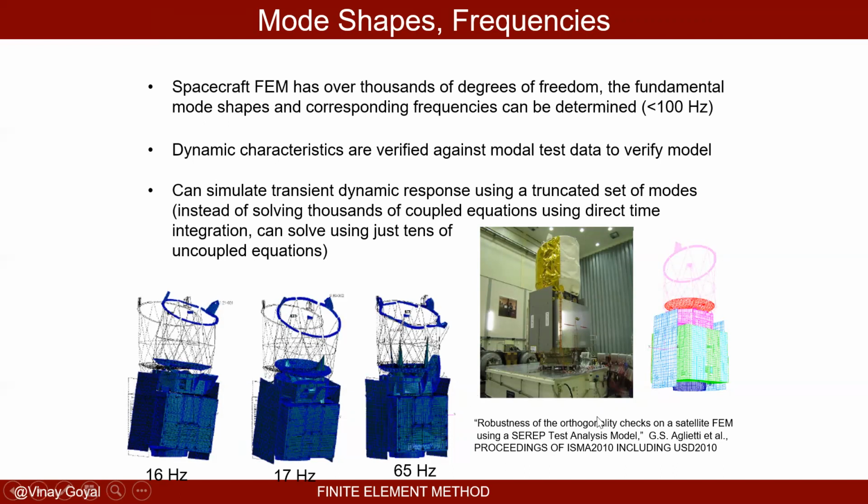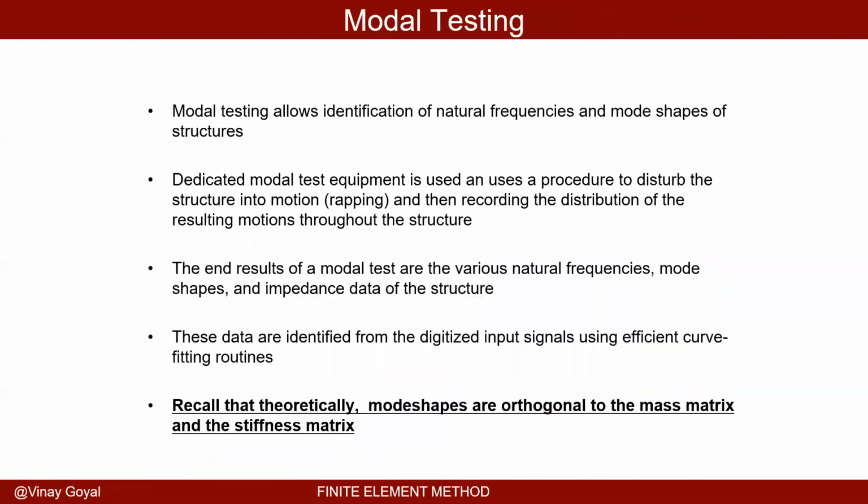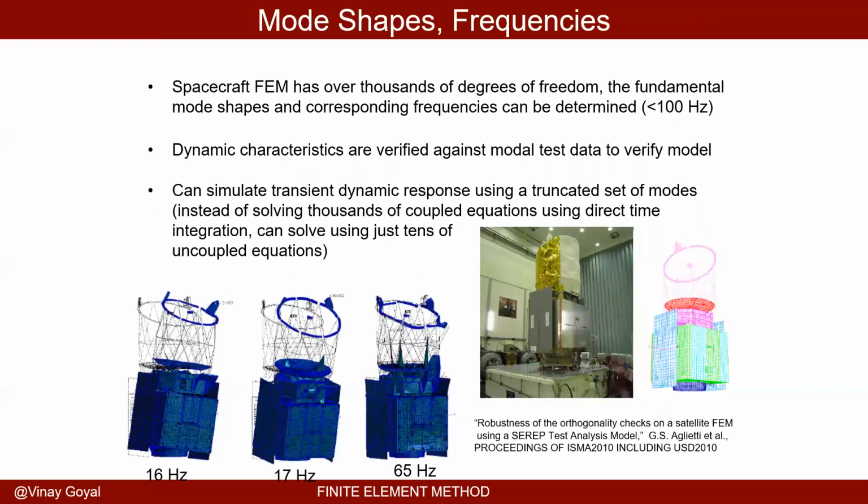I invite you to look at this paper here on the bottom right. It discusses how you could do these model correlations between finite elements and testing. So modal testing allows identification of the natural frequencies and mode shapes. You can determine the mode shapes and frequencies by perturbing the structure through testing.